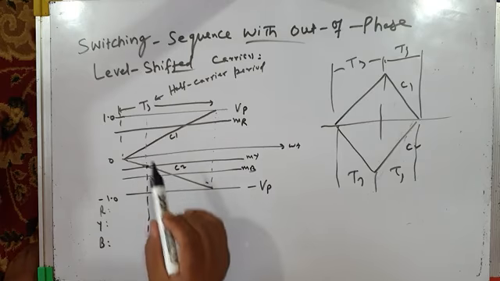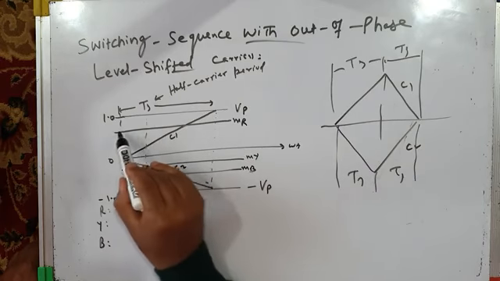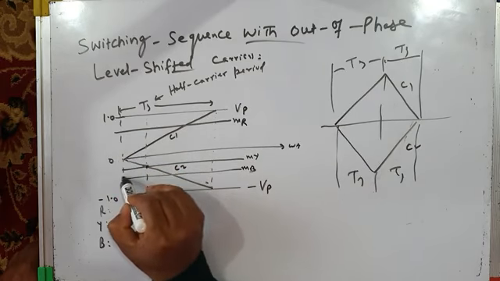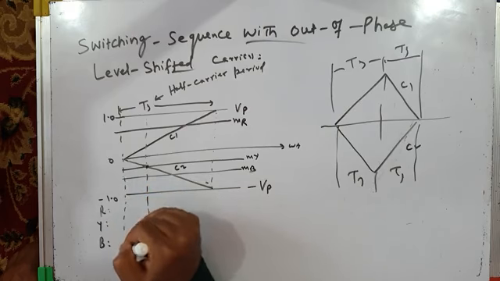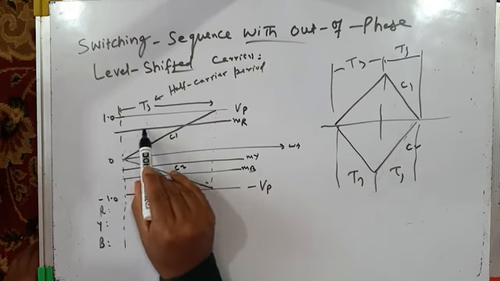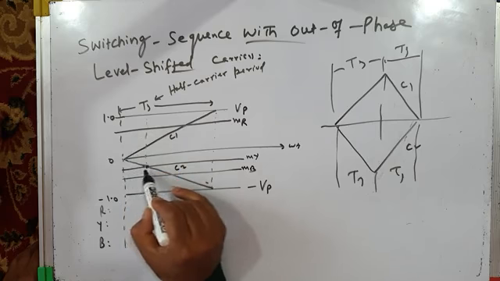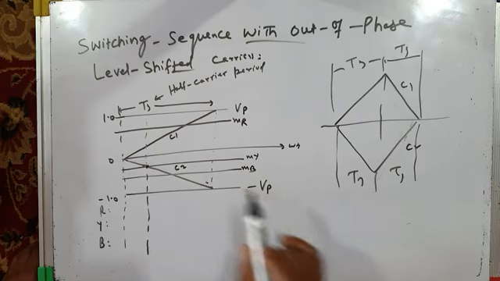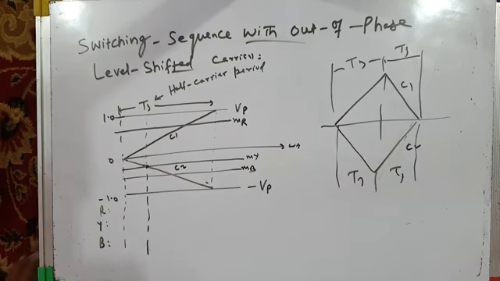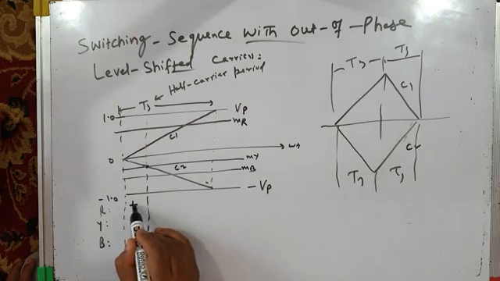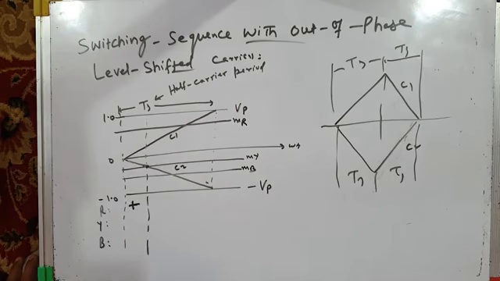From here to here, if you consider MR, the modulating wave MR is greater than both carrier waves, C1 as well as C2. So that means the top two switches of phase leg R will be on. Therefore this will have a status of plus. Plus means pole voltage VRO will be equal to plus VDC by 2 because the top two switches will be on. Yes, about phase leg R. What about phase leg Y?